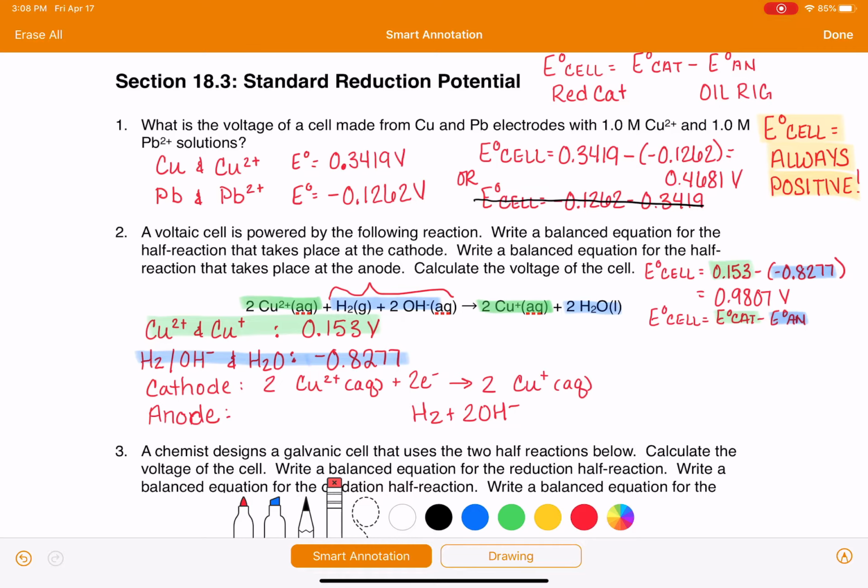So we've just got to get that turned around. H2 and 2OH minus makes 2H2O and 2 electrons. So you keep in mind that in that data table, everything is being written as a reduction. It's all already balanced. All that you have to do is turn the oxidation equation around, and you'll be good to go.